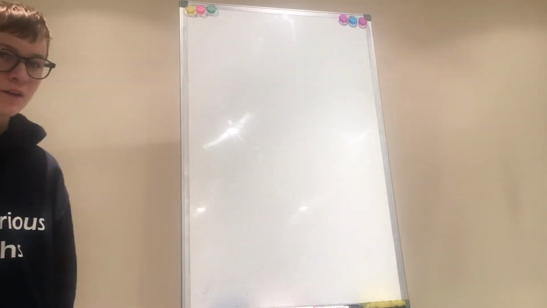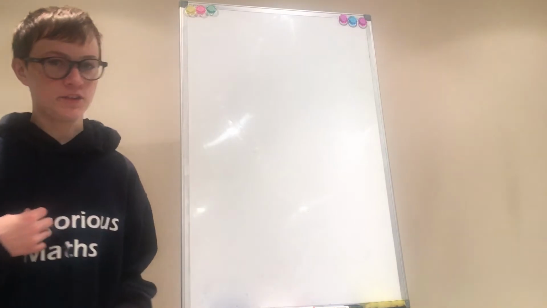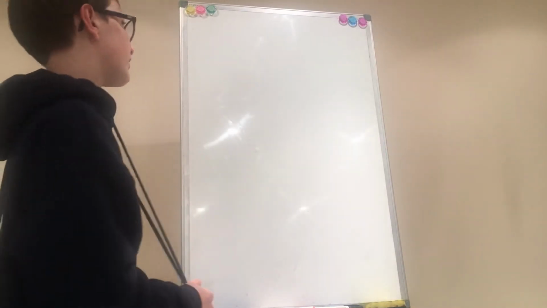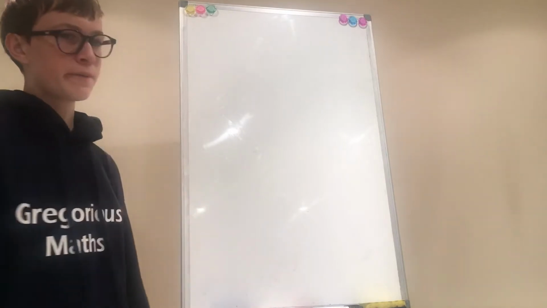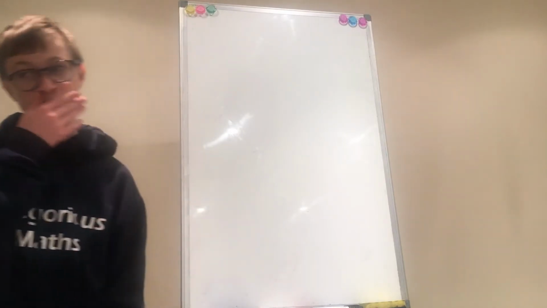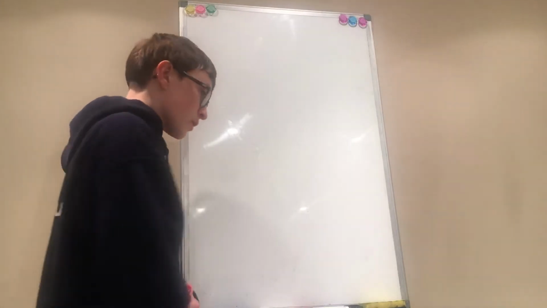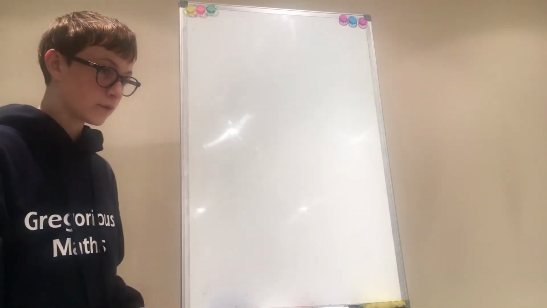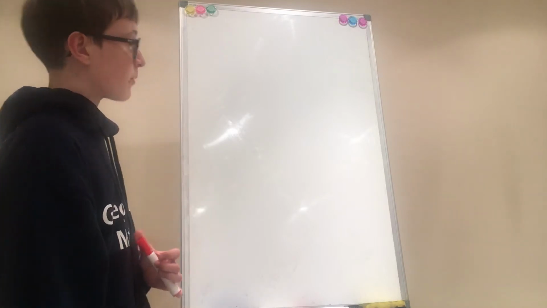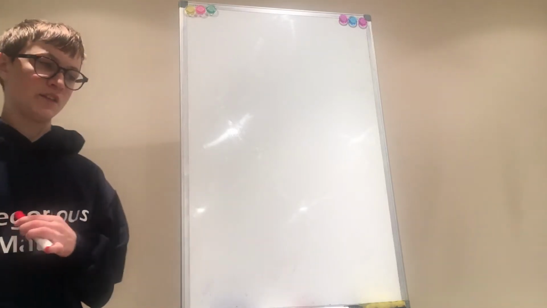Today, put on your seatbelts, ladies and gentlemen. This is going to be a journey. OG fans will remember one of my first videos, which was 2 ways to integrate cosine of ln of x. But that was a baby integral, that was really easy.